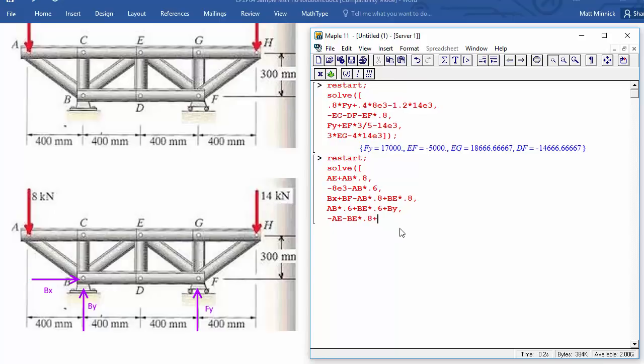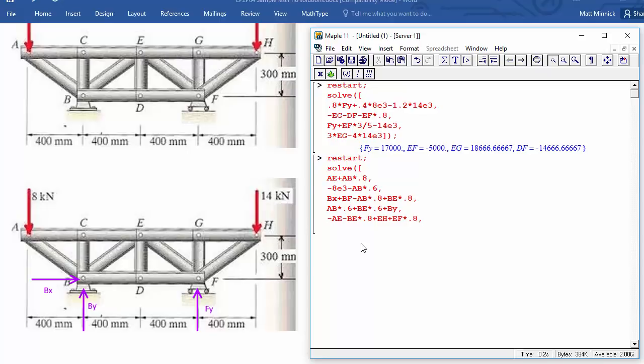And we've got plus EH, the most Canadian of variable names, and we've got plus EF times 0.8. Okay. And that should be it for the horizontal for joint E.